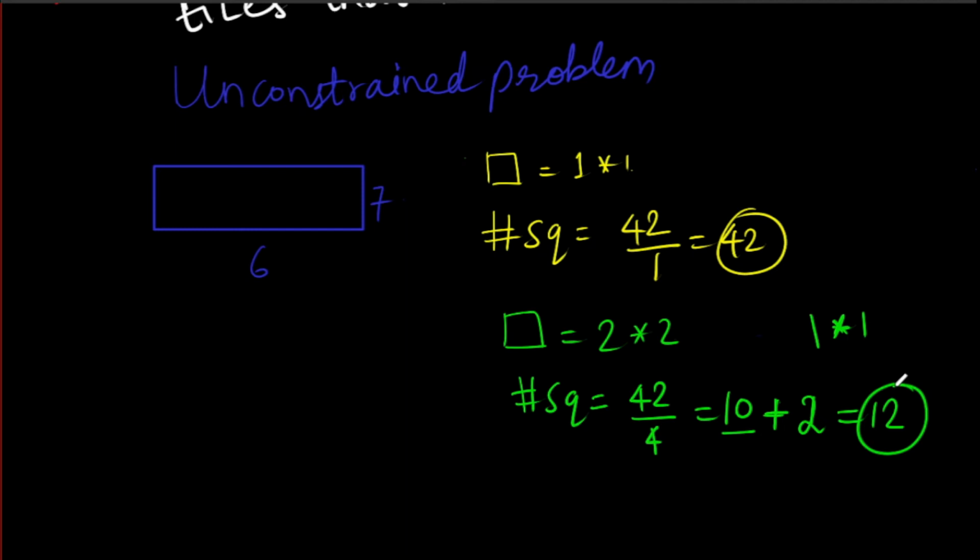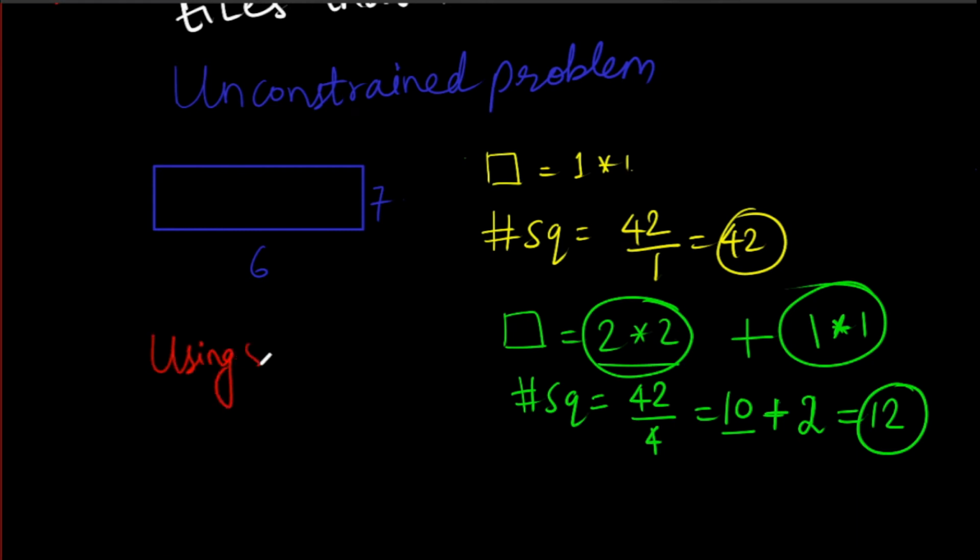But as it is an unconstrained problem, the user can assume any size of the square. Like this can be one possible choice, plus this can be another possible choice. Now, what if a constraint was imposed, like only using 5 cross 5 squares?